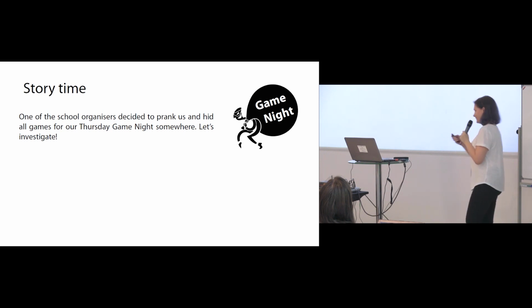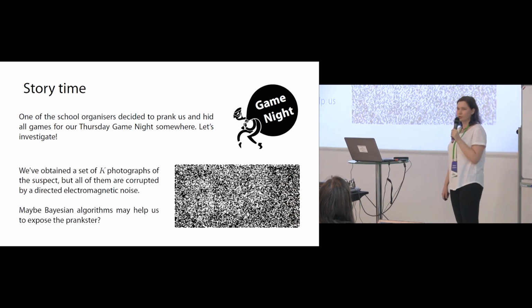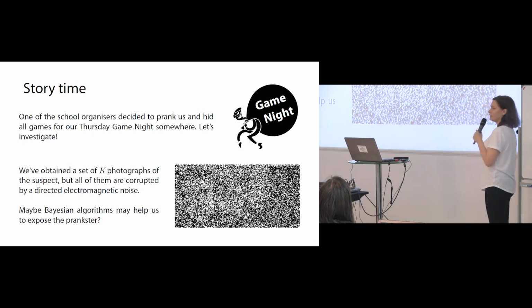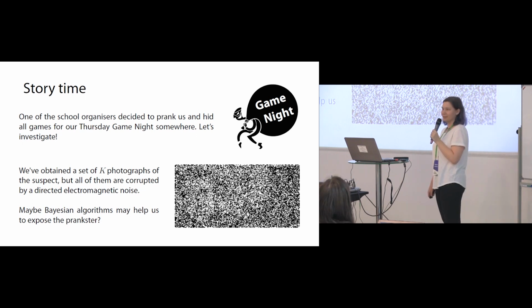Okay? What do we have? We actually were able to obtain a set of K photographs of the suspect. But our suspect is a very clever man, so all of them are very noisy. And you can't see the face here. Let's do some Bayesian magic and expose the prankster.